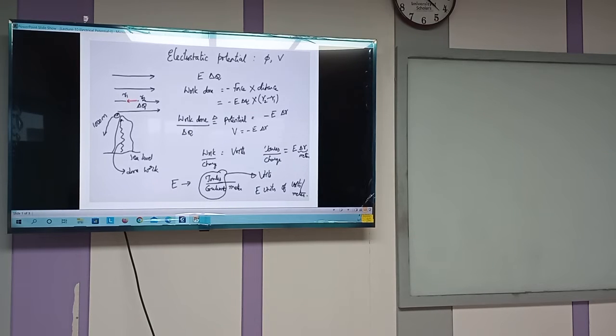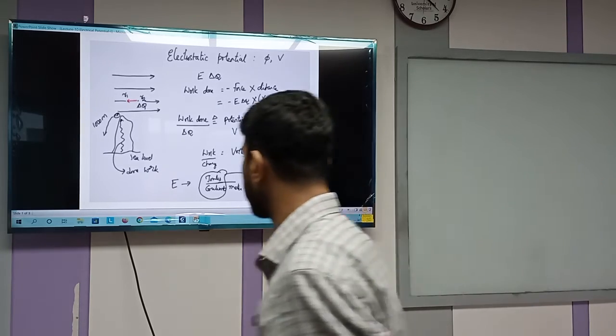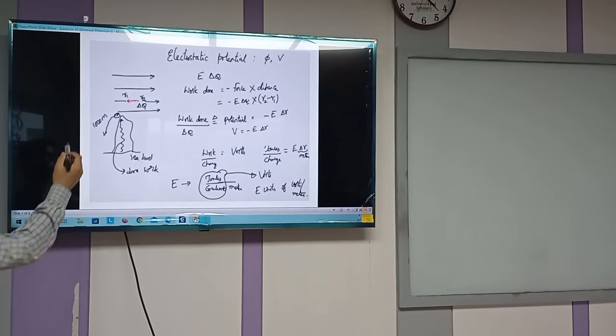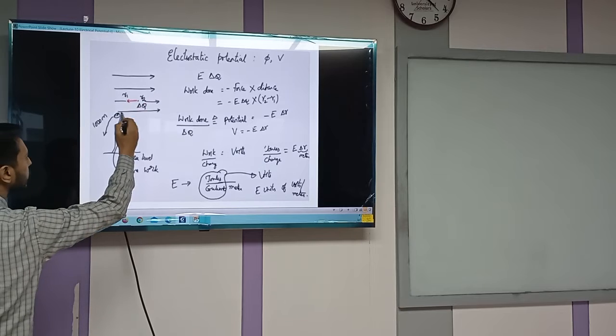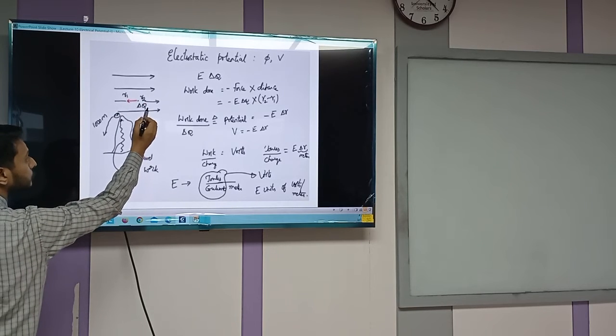I choose a particularly interesting electric field which I somehow have generated, in which the electric field is pointing horizontally. So let's say the electric fields are basically pointing horizontally, okay?